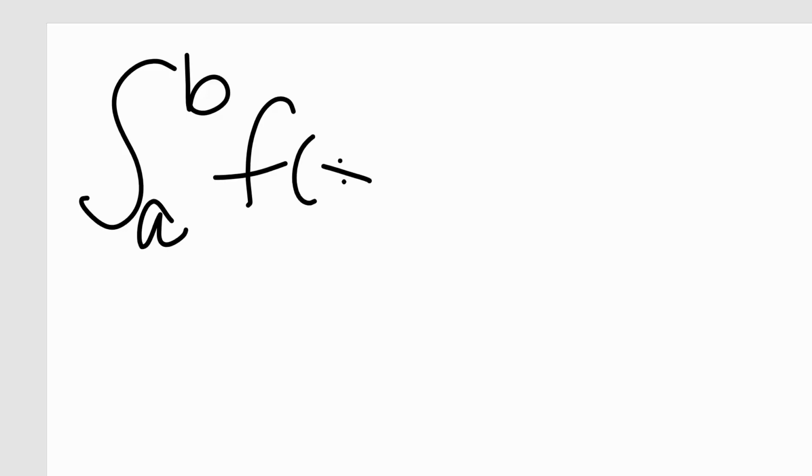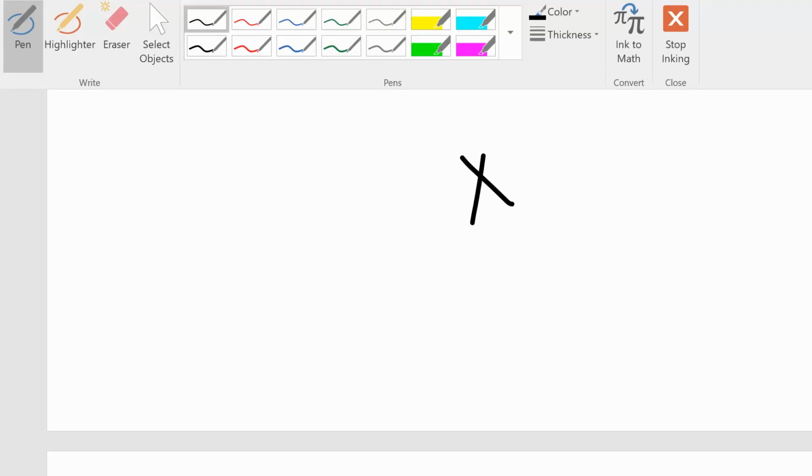All right, so now we're going to go over what the fundamental theorem of calculus actually is. So we have the integral from a to b of f of x dx. I apologize, I don't know what just happened there.